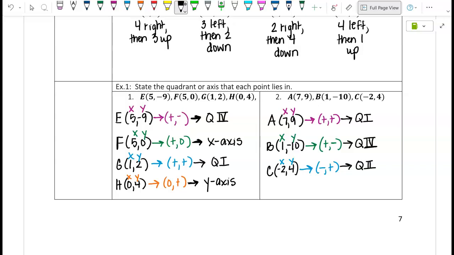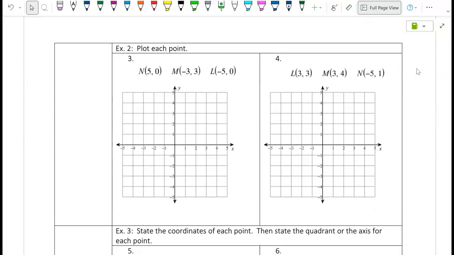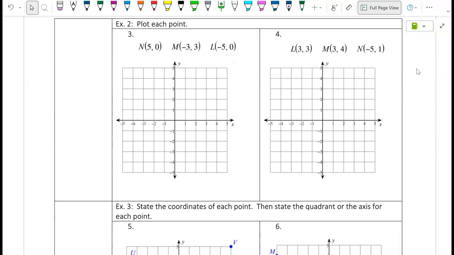All right, on the next page, now they're going to ask us to graph or plot some points. So we have point N here. They're asking us to graph 5, 0. So the 5 is a plus, a 0. So we're going to go to the right, but we're not going to go up or down.